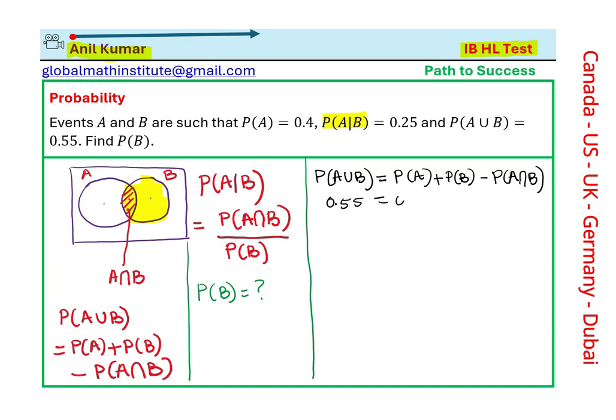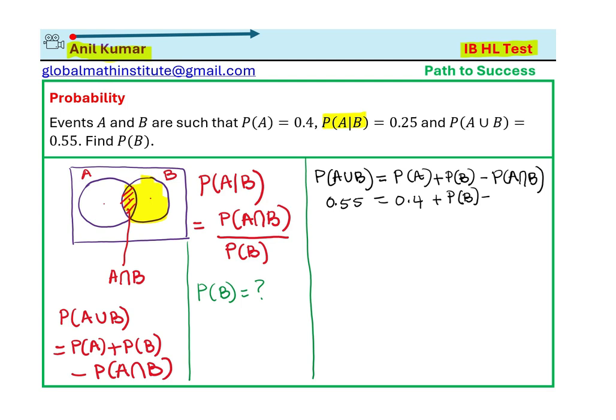Probability of A is 0.4. Probability of B we don't know, nor do we know probability of A intersection B. These two things are not known, but this statement helps us relate them.